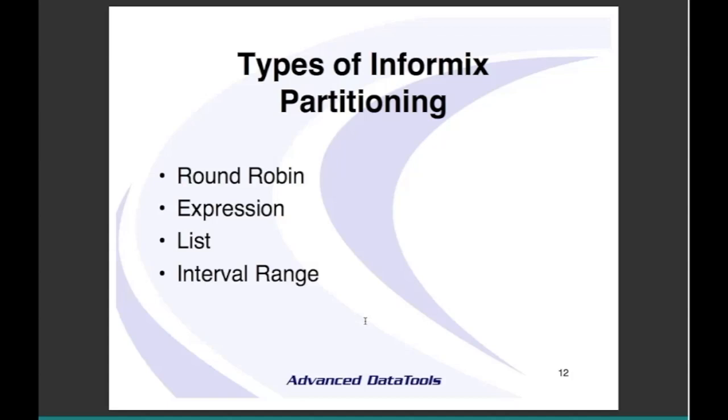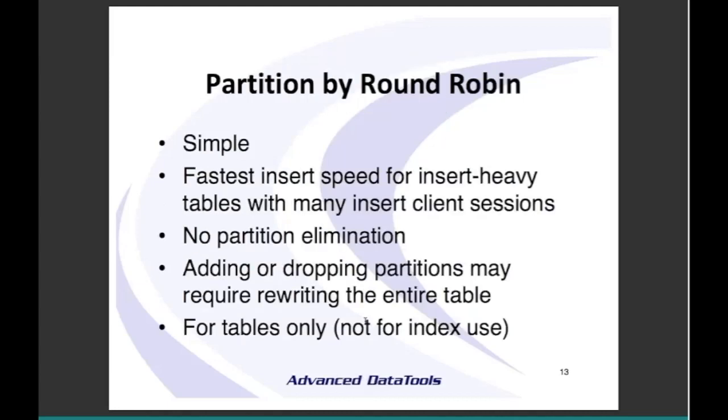Round robin is simple. It's very fast for inserts. What it does is you tell it how many DB spaces, and it takes your table and divides it up among those DB spaces. The first row goes in the first DB space, the second row goes in the next DB space, the third row goes in the next DB space.